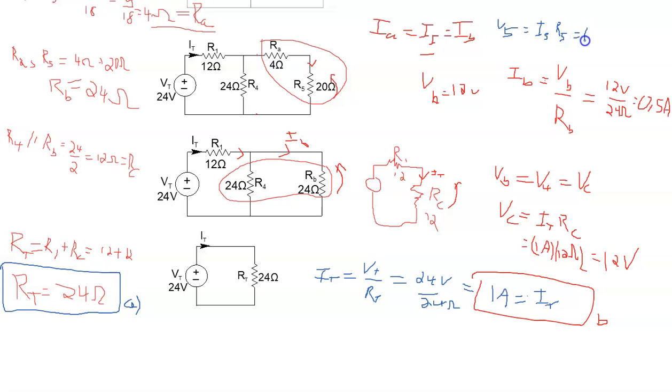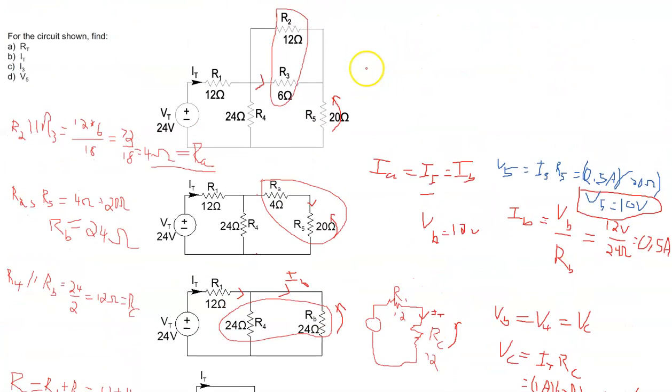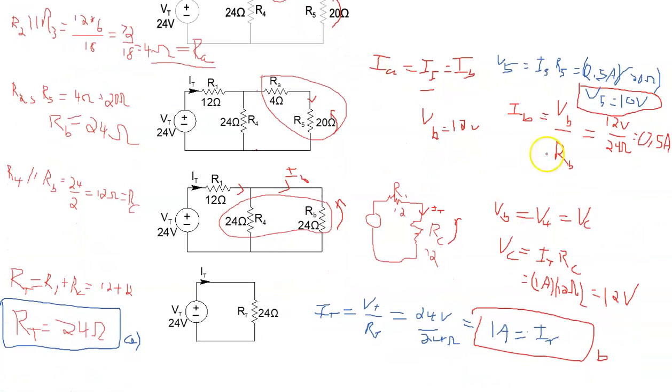And that gives us 0.5 amps multiplied by 20 ohms, and V5 is 10 volts. And that is the answer to part D.